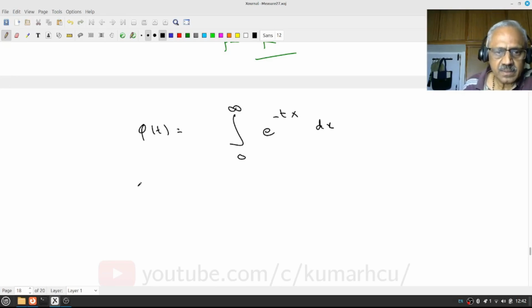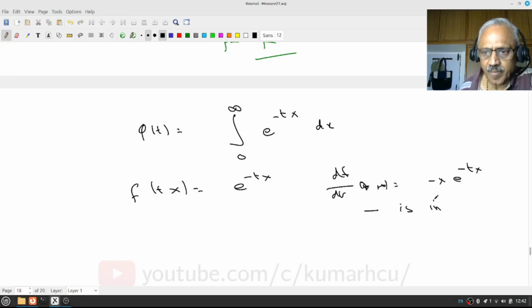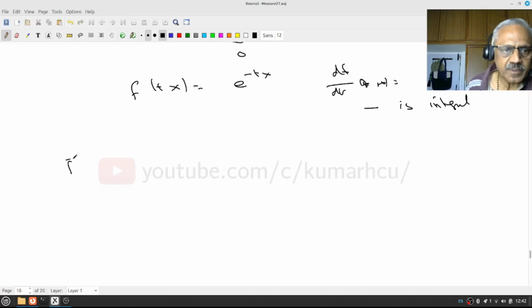Then my f of t, x is e^(-tx). Therefore df by dt of x is going to be minus x e^(-tx). But we know this is integrable by whatever we have seen just now. Therefore, Leibnitz's result can be applied.